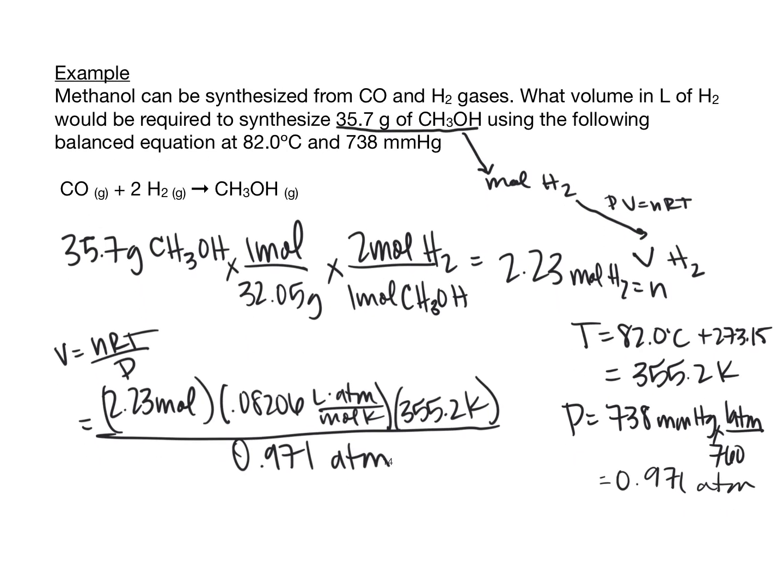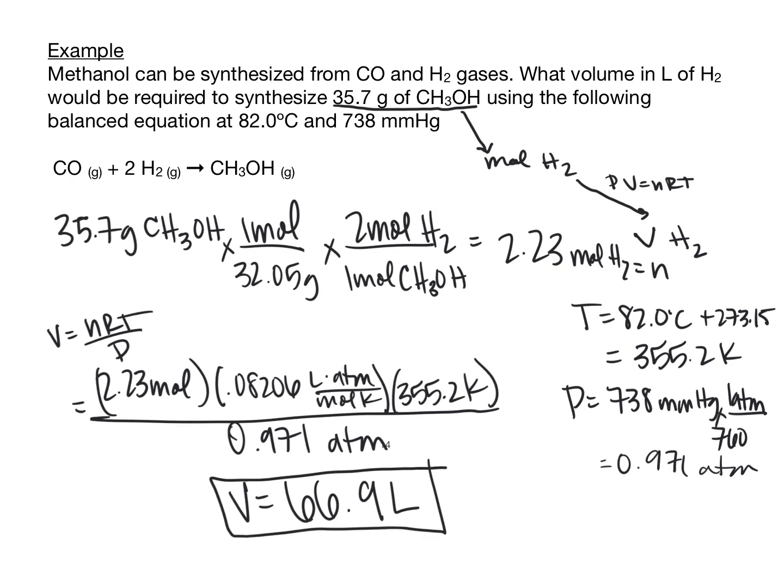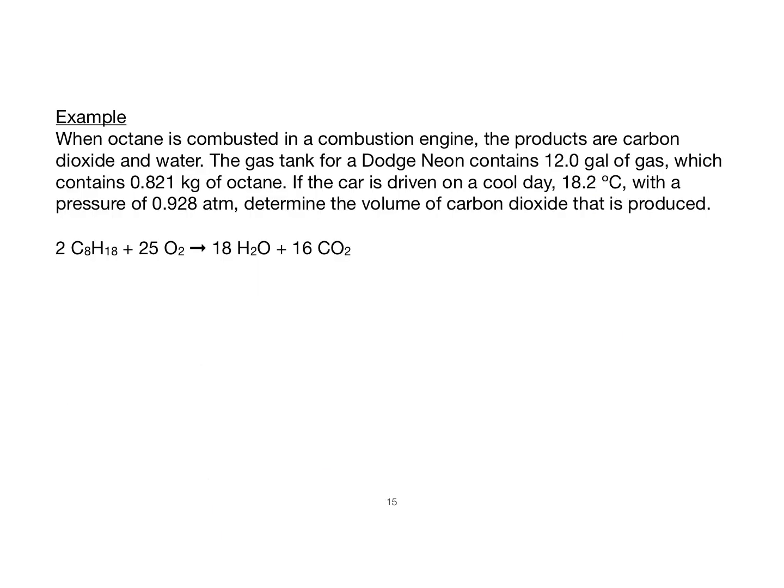Once we plug this all into our calculator, we get that the volume is 66.9 liters. The important thing to remember is to make sure that you use both the balanced chemical equation and PV equals nRT. So let's look at another example.